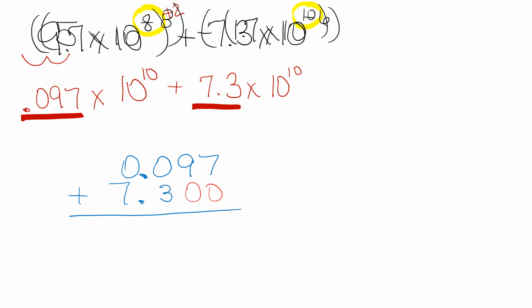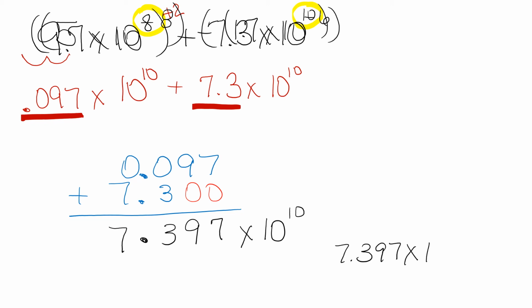And then you can put in place value holders if you need to. 7 plus 0 is 7. 9 plus 0 is 9. 0 plus 3 is 3. Bring down your decimal. 0 plus 7 is 7. And don't forget to put the scientific notation ending of times 10 to the power of 10. So 7.397 times 10 to the power of 10.